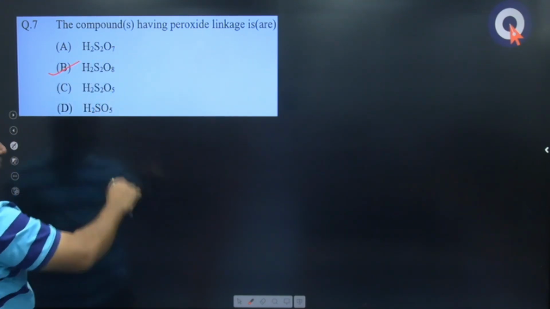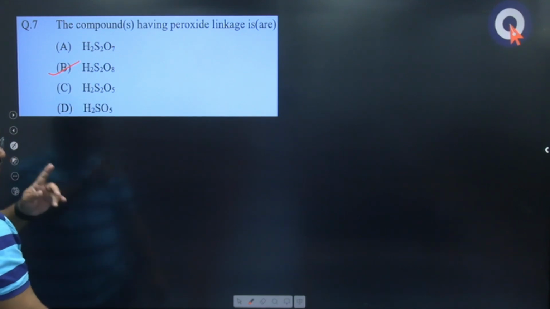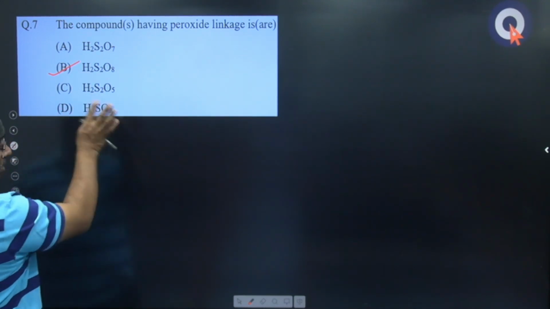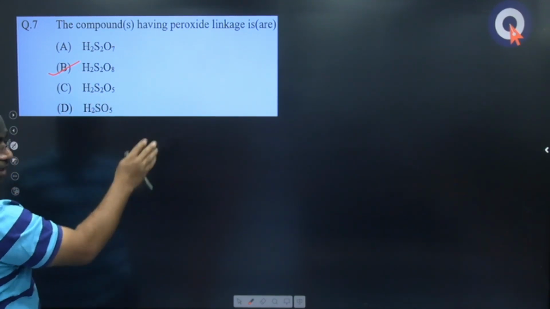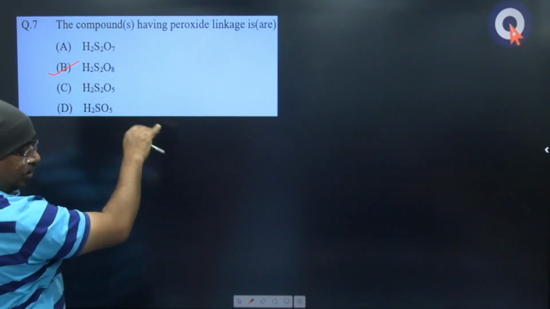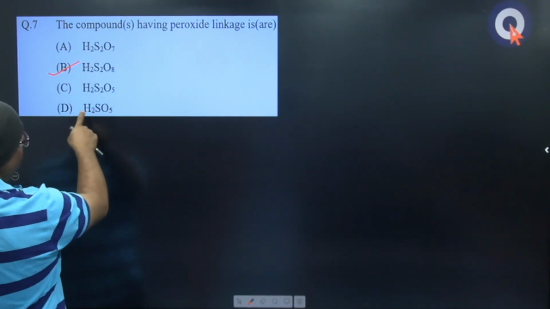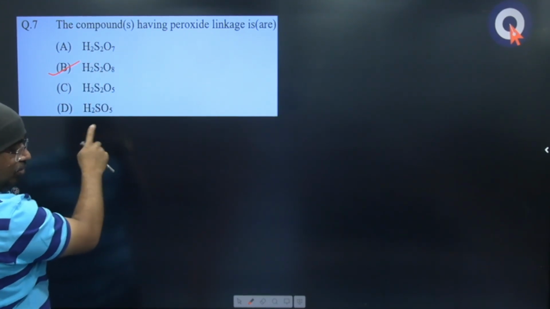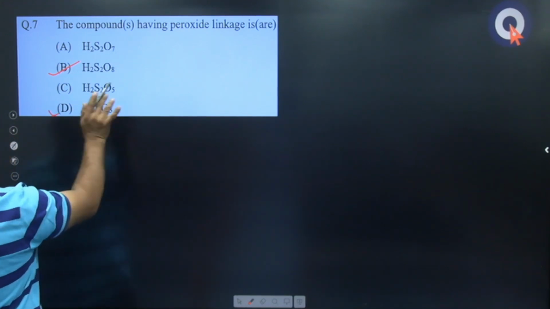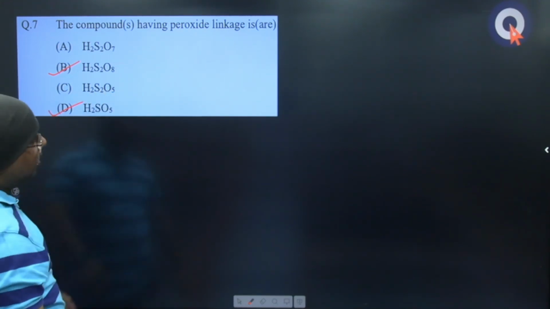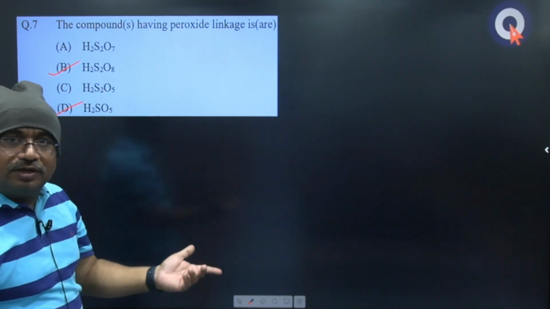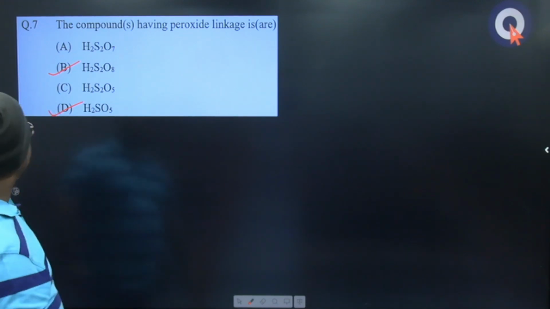This H2S2O5 is pyrosulfurous acid. So this doesn't have it. This will have an S-O-S linkage. This will also have an S-O-S linkage. Then this is peroxymonosulfuric acid. So these are direct, theory based. Directly we have it in NCERT itself.